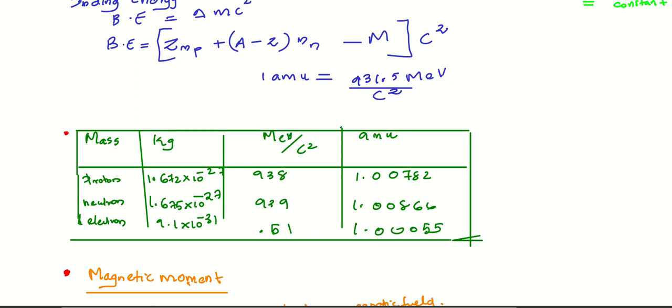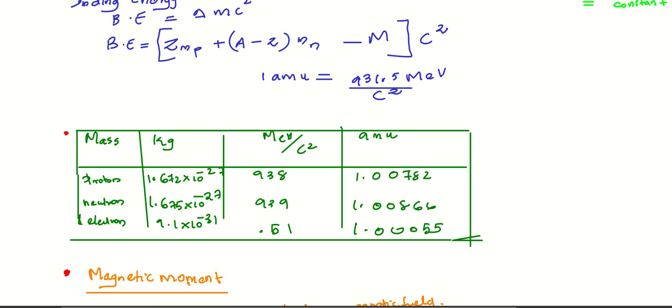For electron 9.1 into 10 raised to minus 31.